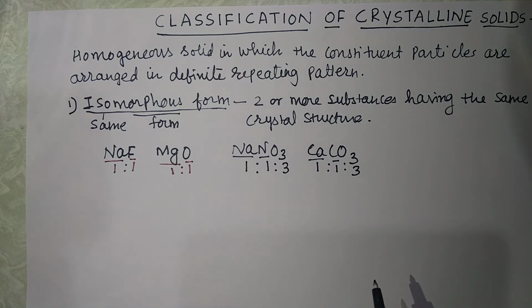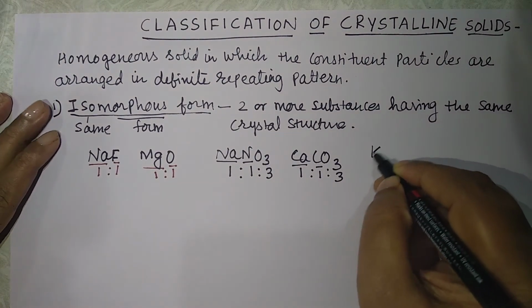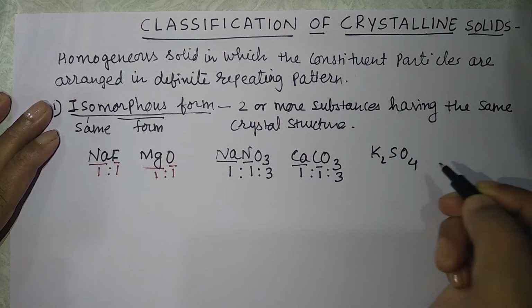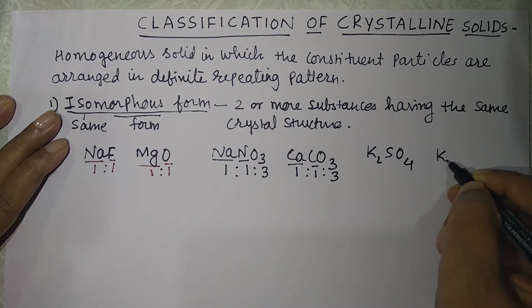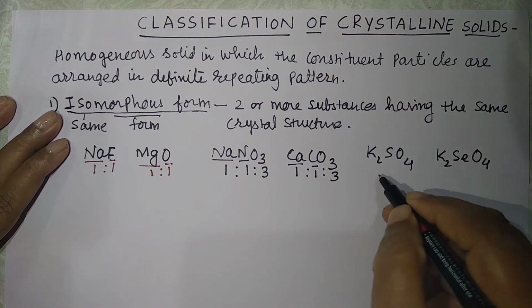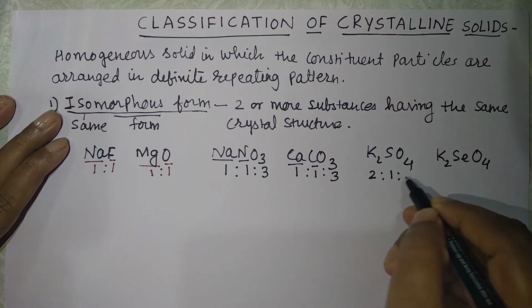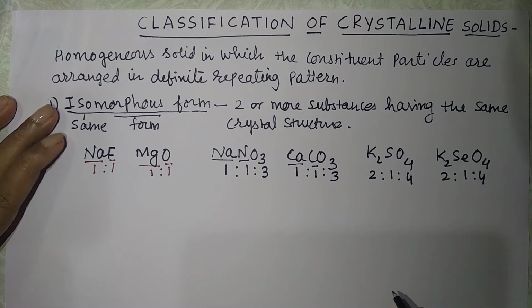Some more isomorphic substances we can have, like potassium sulfate, that is K2SO4, and instead of sulfur, if I take selenium, it will be K2SeO4. If I see the ratio, this is 2:1:4 and the same here 2:1:4. So I can call them isomorphous substances.